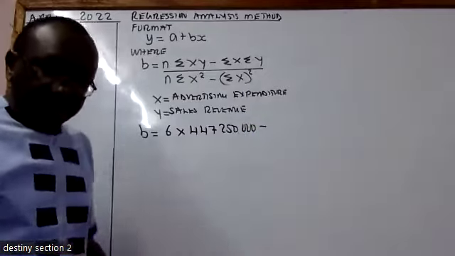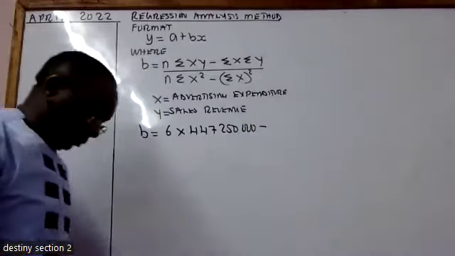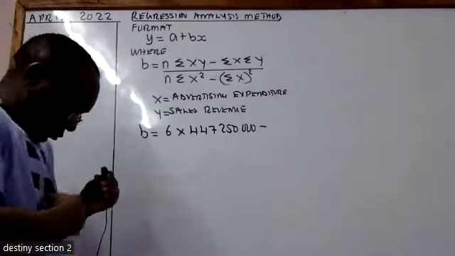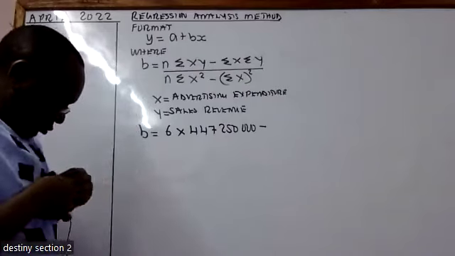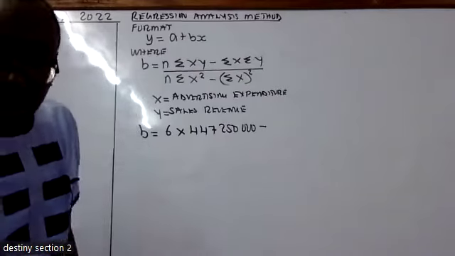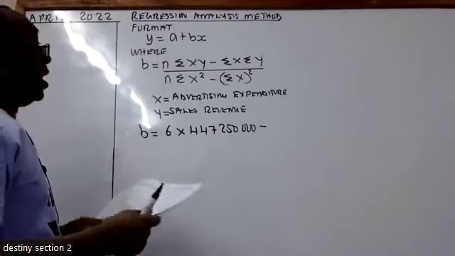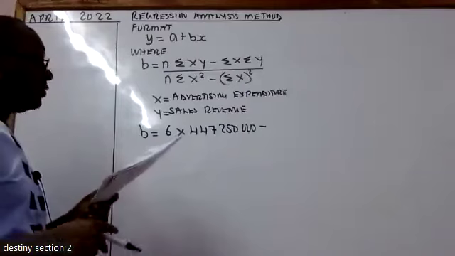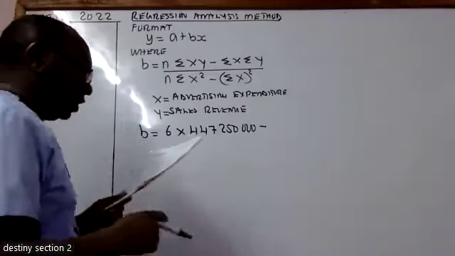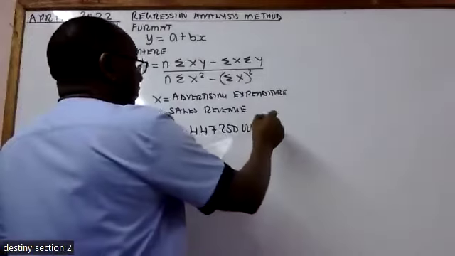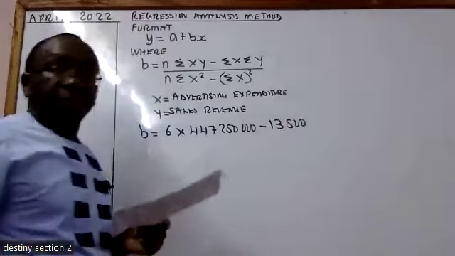You minus sum of x. Our x is the advertising expenditure, so the sum is 13,500.